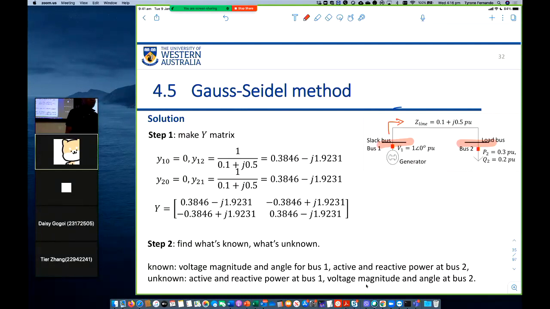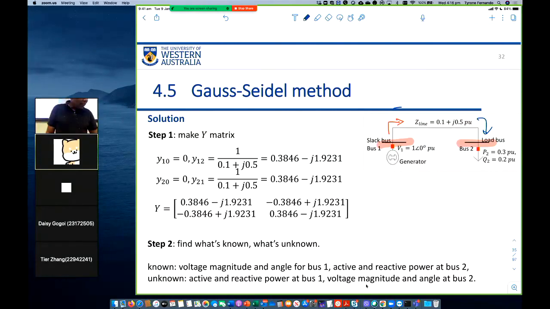The voltage difference between bus 1 and bus 2 multiplied by the admittance of that line. If I ask what is the power that is flowing in here, I take the voltage at bus 2 times the current that is flowing in. What is that current? Voltage at bus 1 minus bus 2 multiplied by the admittance of that line. Voltage times admittance is the current. So if I do V I star, I get the power flowing in.